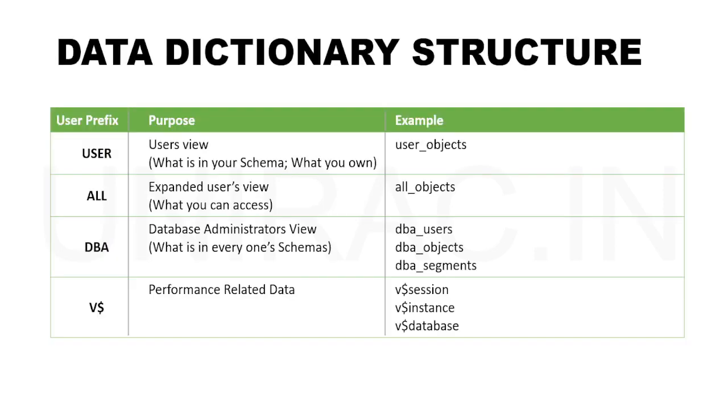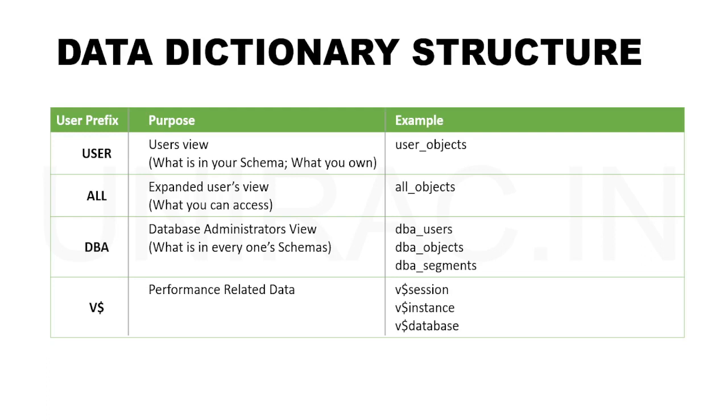We have a data dictionary structure where we store our different metadata information, either user level or database level. We have prefixes for those views: user, all, DBA, and v dollar. If you have the user prefix, for example user_objects, it's related to your user information.